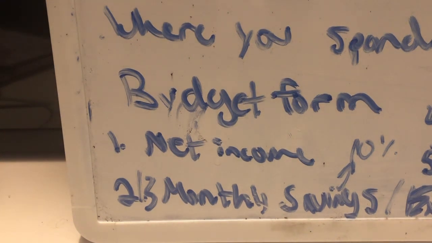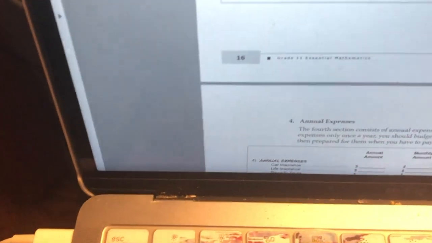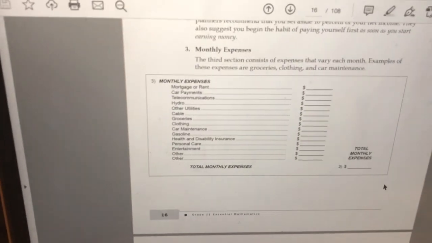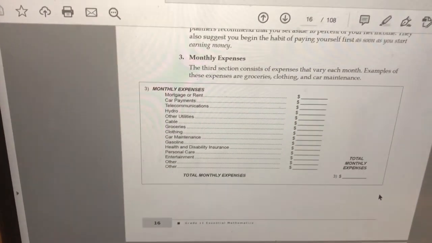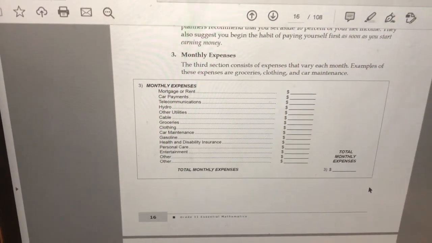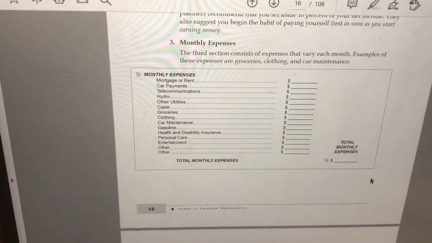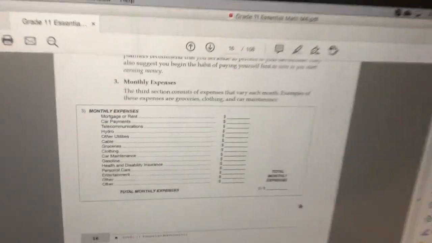Next part is monthly expenses. The third part consists of what sort of things you are paying for. For example, it mentions mortgage or rent, car payments, hydro, cable, groceries, clothing, car maintenance. All of these things are expenses you have to consider.